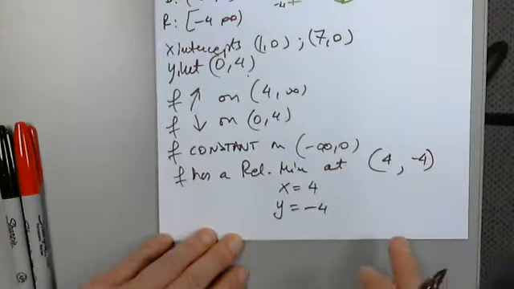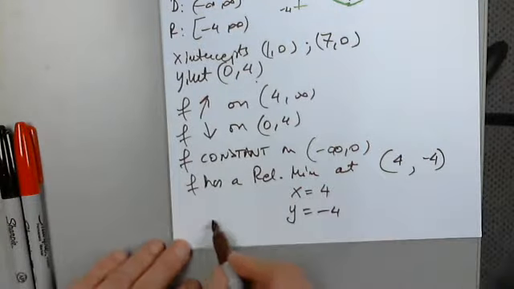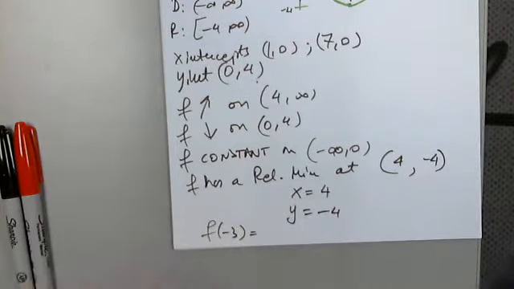f of -3. They're asking us to find f of -3. What is given in the question? This is very important. If you say x, then I will draw a vertical line. If you say y, then I will draw a horizontal line. Is it x or is it y?